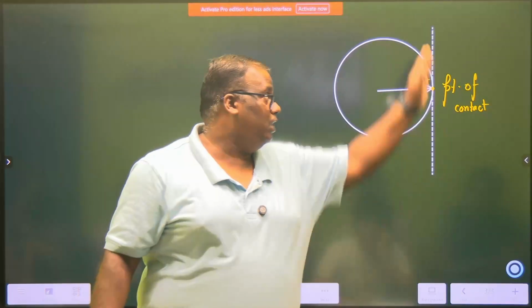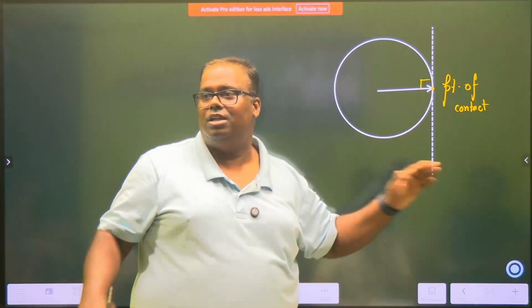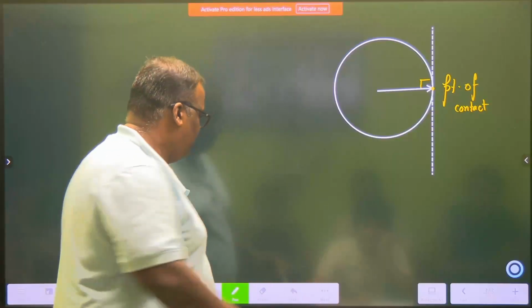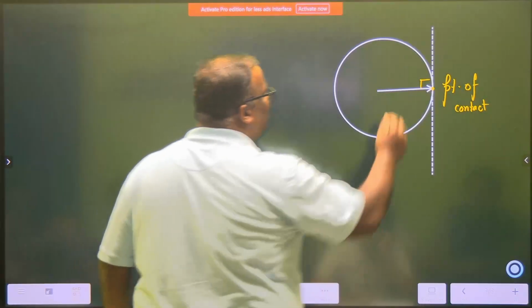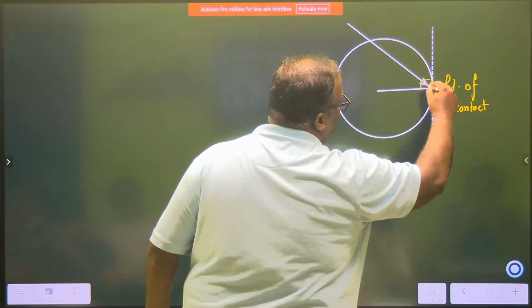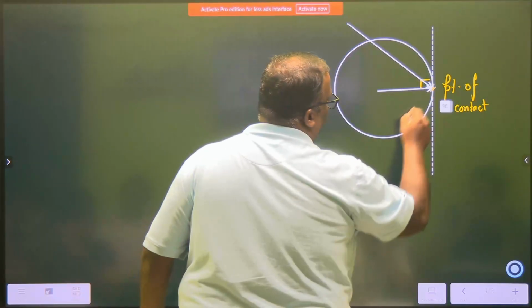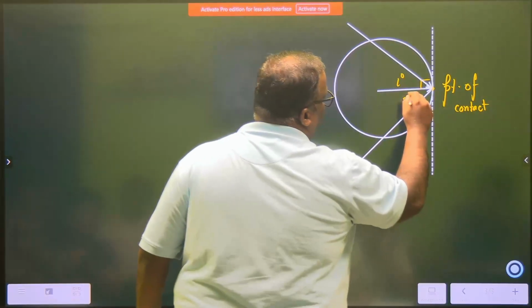If I consider this as a plane mirror, then the principal axis itself is a normal. And then you apply your grade 8 rules. What are the grade 8 rules? Sir, in grade 8 I never studied. Okay, please study. Angle of incidence is always equal to angle of reflection. This is grade 8. Angle i is equal to angle r.